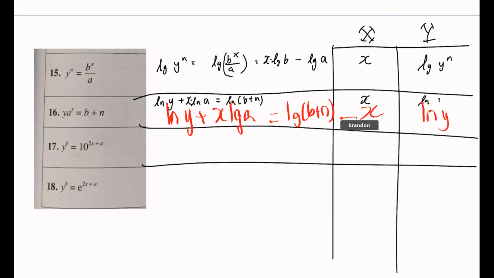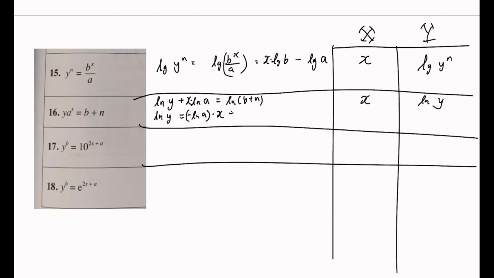Maybe you can rearrange it as this: ln A minus ln A times X plus ln B plus N.